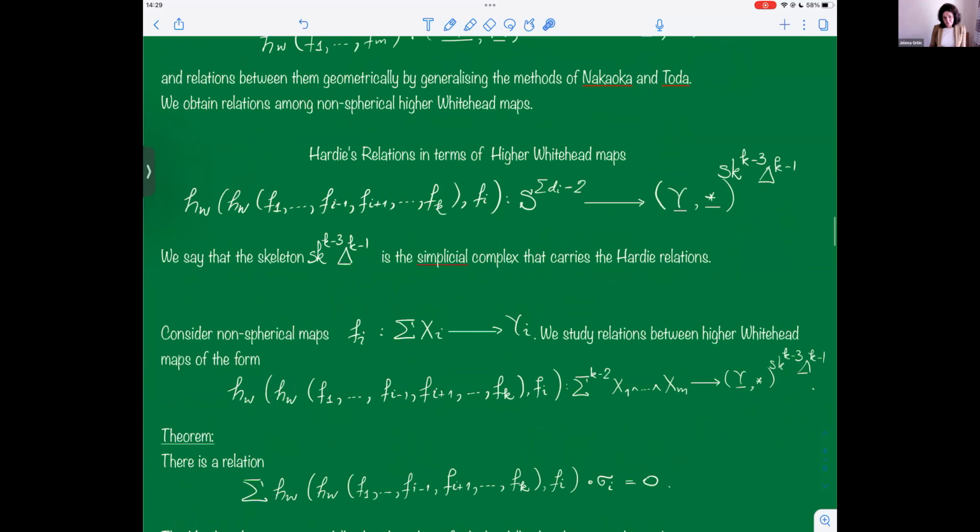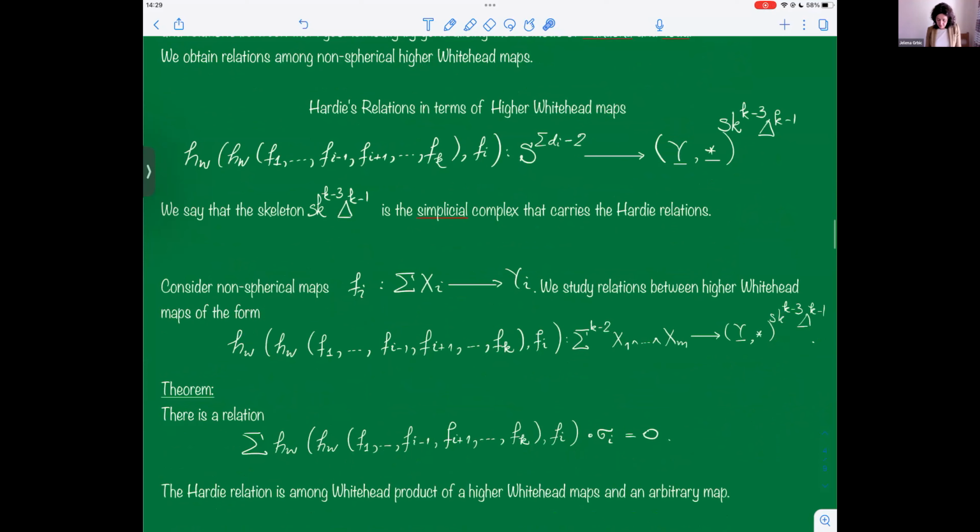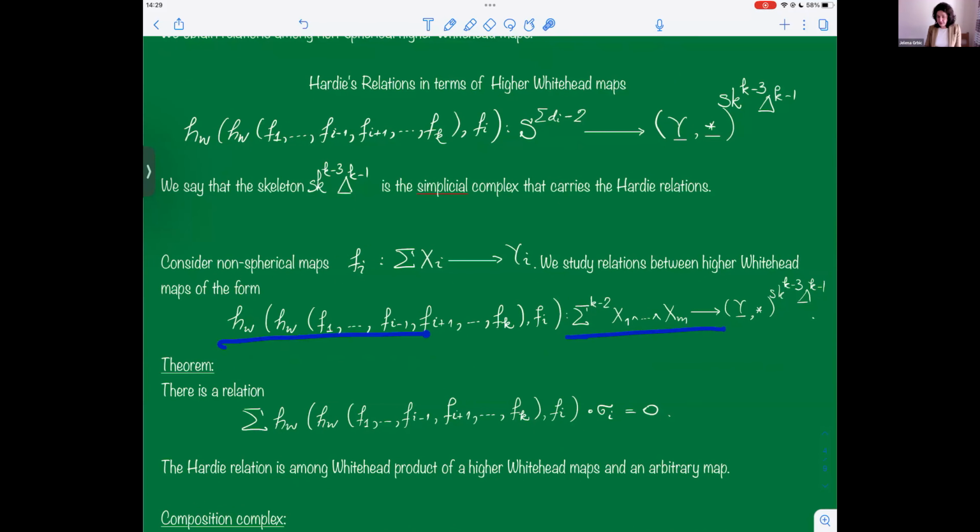We can, and we do that by looking at maps from an arbitrary suspension into a topological space Y_i, and they induce maps of polyhedral products, these iterated high Whitehead maps going from this suspension (oops, there is a mistake here, this is K) of the join of X_1 to X_k into the polyhedral product of the Y_i's, the codomains, over that skeleton of a simplex.